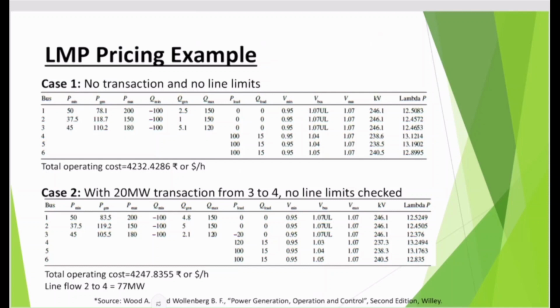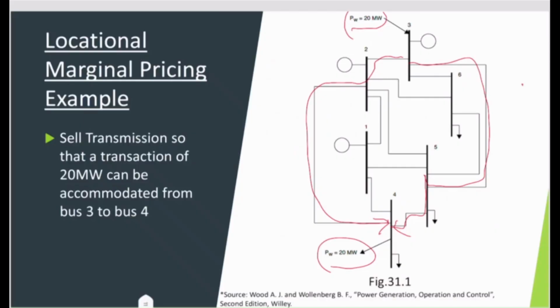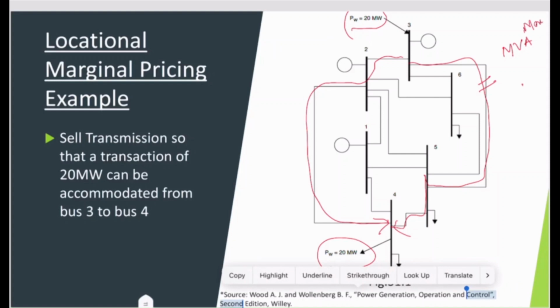One, each and every line ideally has an MVA capacity, maximum and minimum. Each line can carry X megavolt ampere of power maximum. That means when you carry out a 20 megawatt transaction, it is not necessary that all the lines are capable of carrying the transaction if they are very close to their maximum capacity.